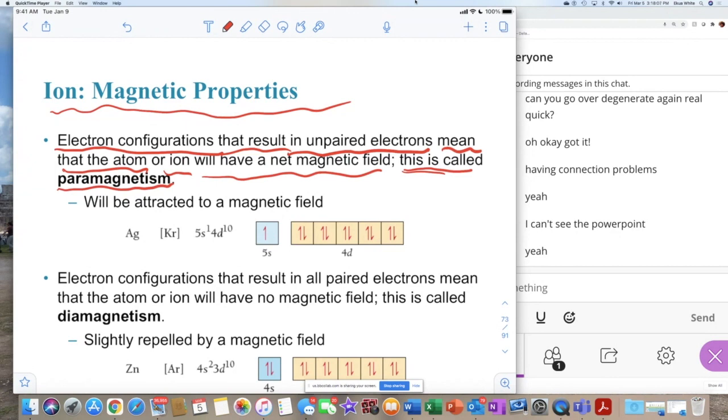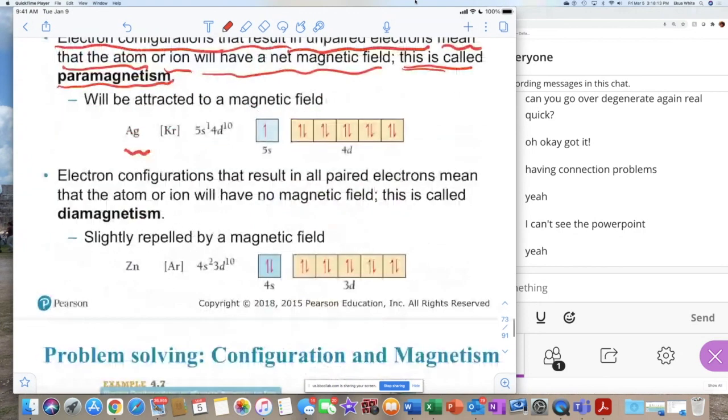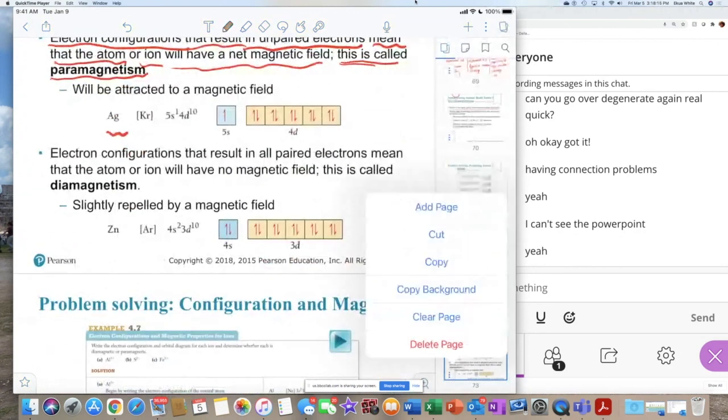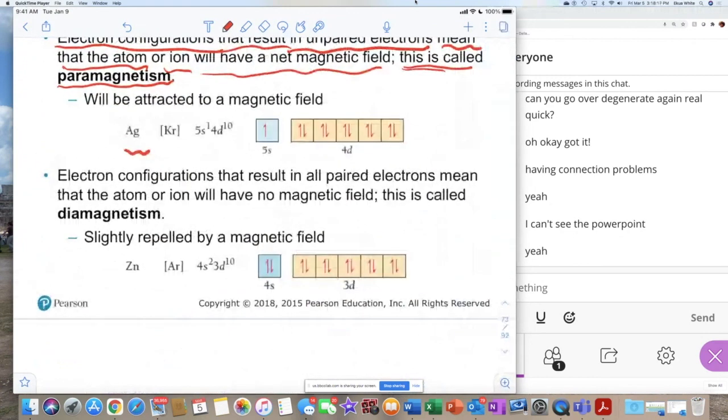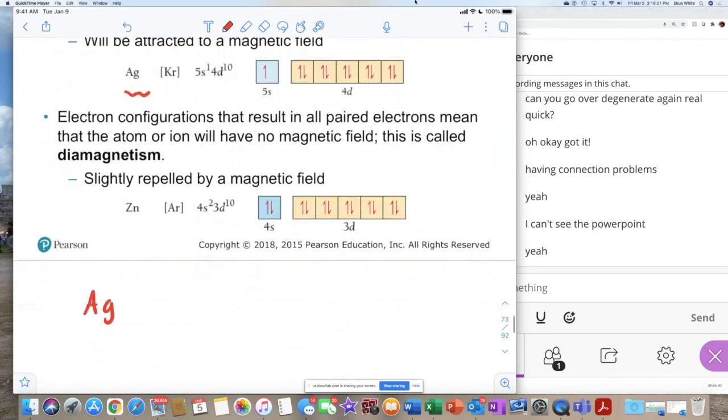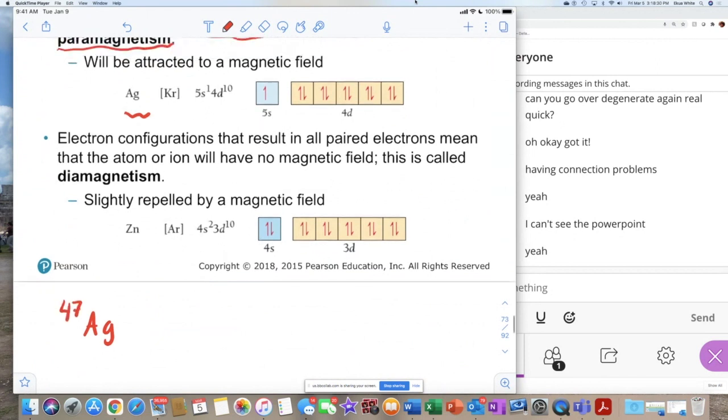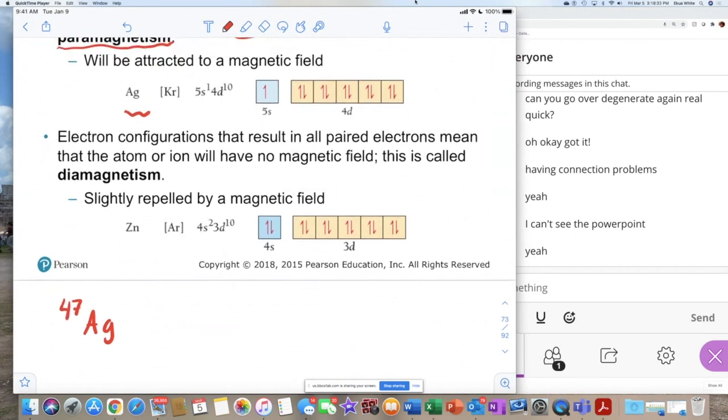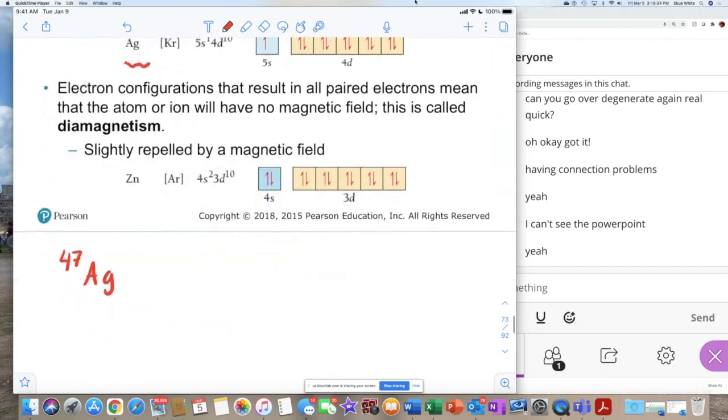To illustrate this, they show you silver. We're working through the configuration of silver. I'm going to work this once again on the next page so y'all can see how this plays out. So silver is Ag, and silver has how many electrons? Is that 47? It's hard for me to see it from here. 47. Since they have the shorthand configuration, I'm going to use that here. Why reinvent the wheel?